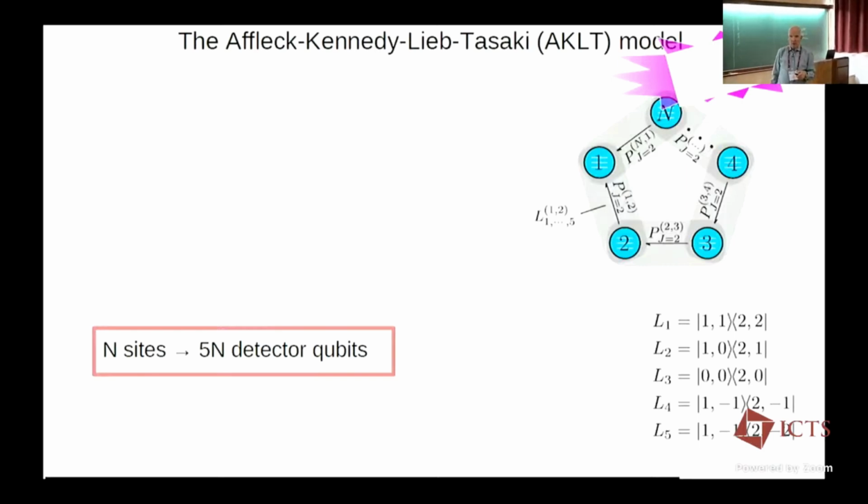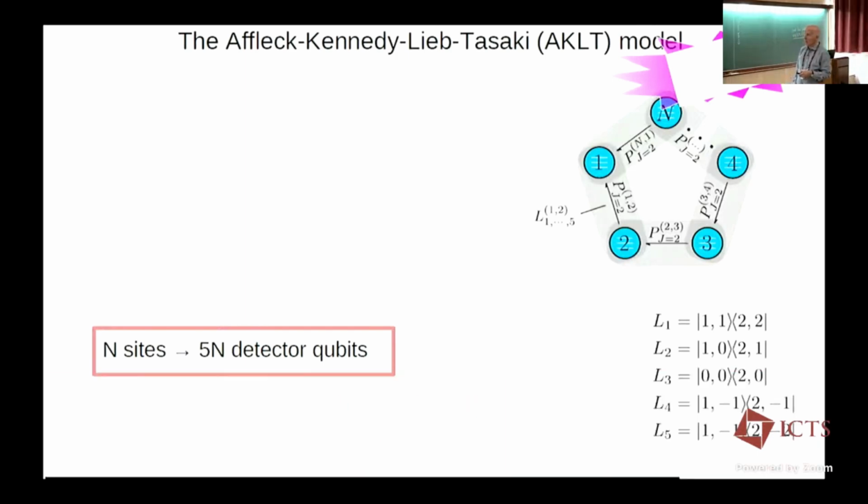Now, how to do this is not uniquely determined. I have some freedom in how to do that. For example, look at this operator, which represents the operator of the system detector coupling, or alternatively, if we go to the continuum time limit, it represents a jump operator in my Lindbladian dynamics.